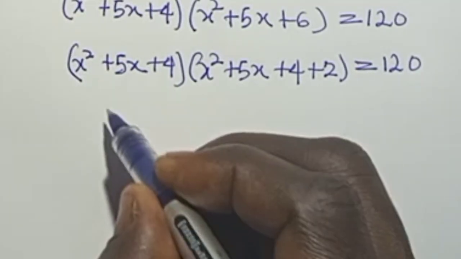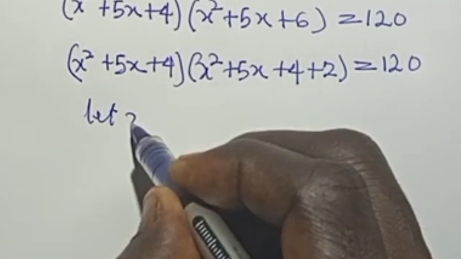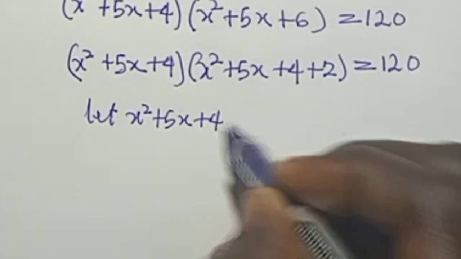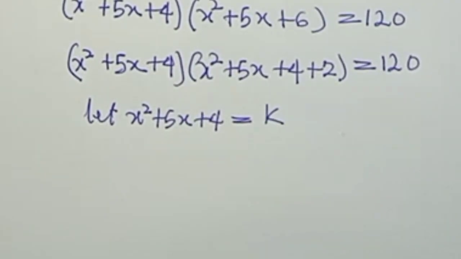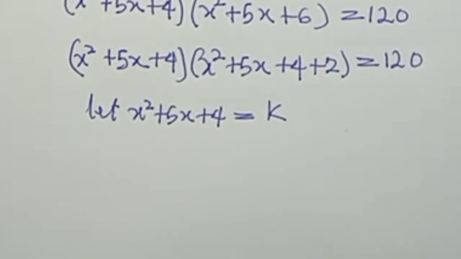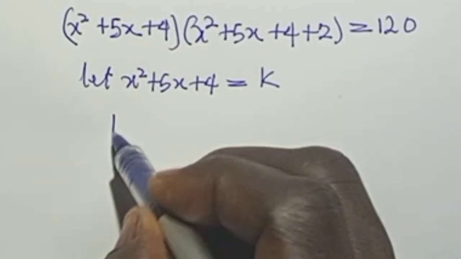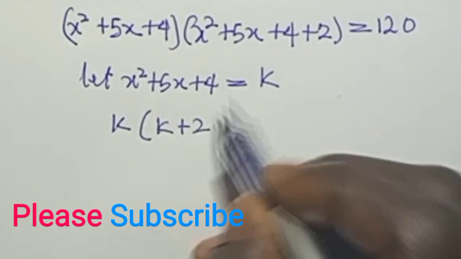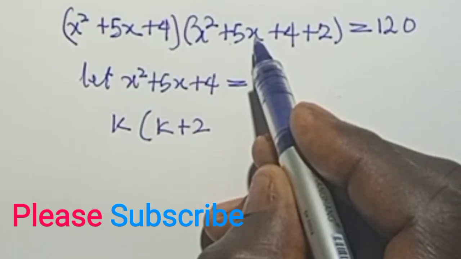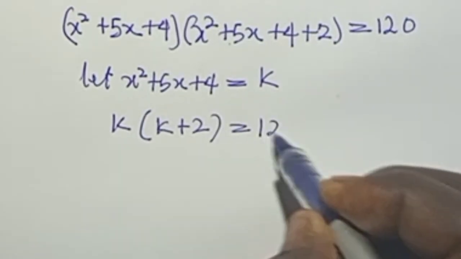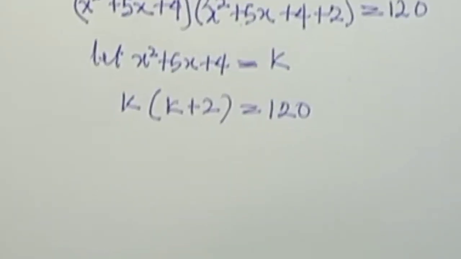So next we are going to say let x squared plus 5x plus 4 be represented with k. So the next line therefore becomes k times (k plus 2), since x squared plus 5x plus 4 is equal to k, all equal to 120.